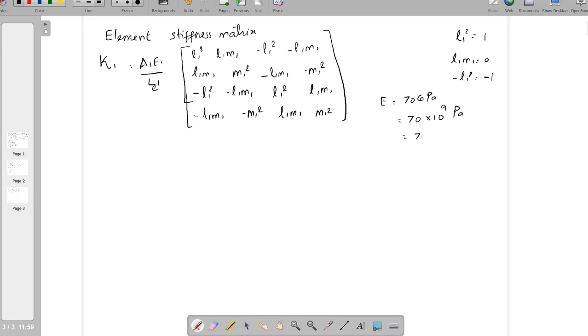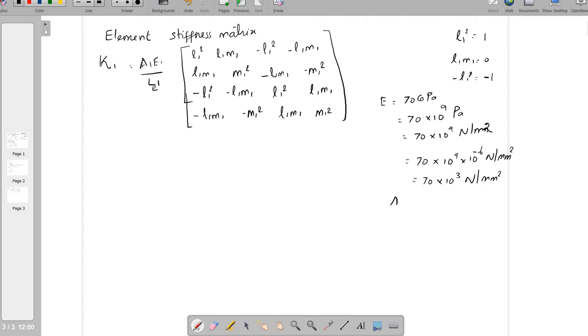Pascal means Newton per meter square, so we have to convert into mm square. So 70 into 10 power 9 into 10 power minus 6 Newton per mm square is the conversion. So ultimately we get 70 into 10 power 3 Newton per mm square.